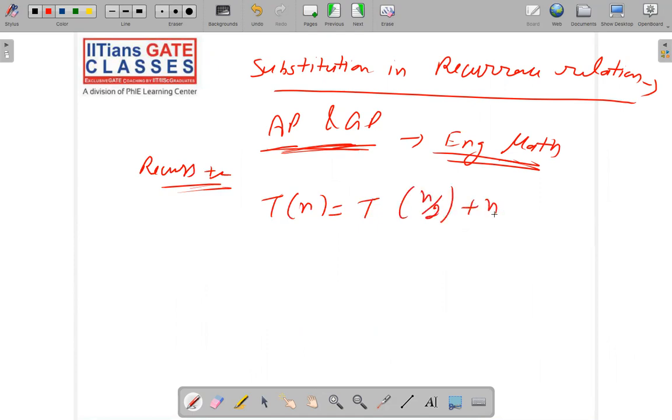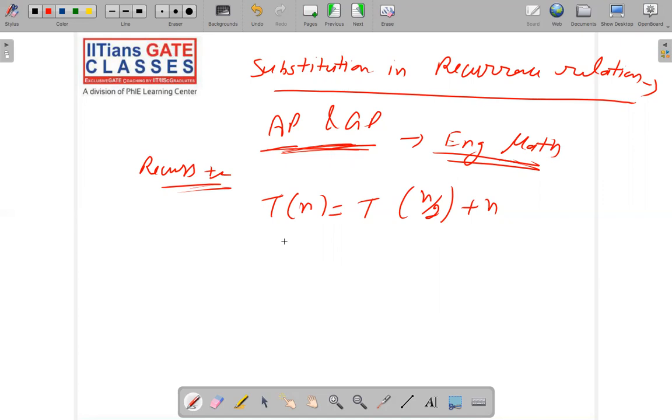If something is written like this, you can build a tree, and you have to calculate what is the depth of this tree. Till we reach the base condition, we need to create the tree.